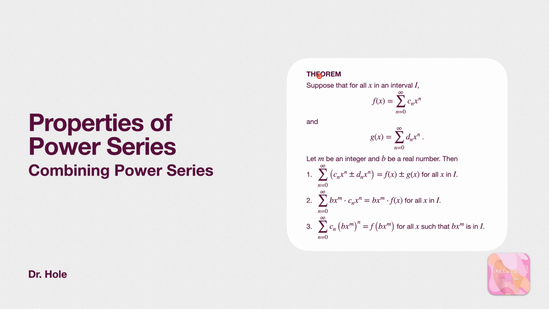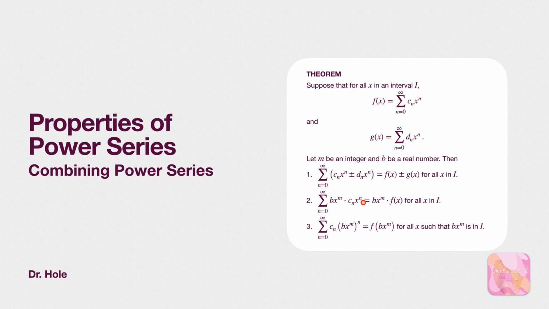Good. Now, this theorem is taking m to be an integer and b a real number. The first one is simply saying, if we were to take the respective summands and add or subtract them, what power series would that produce? And it's exactly the sum or difference of the f and g's. This is valid in the original interval, capital I.